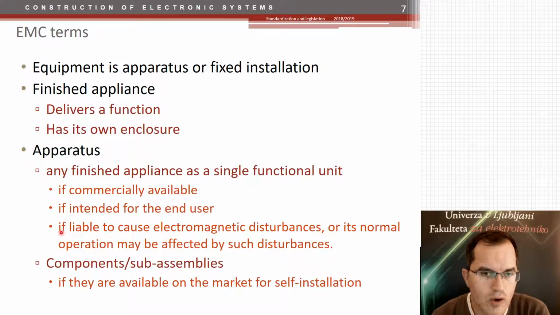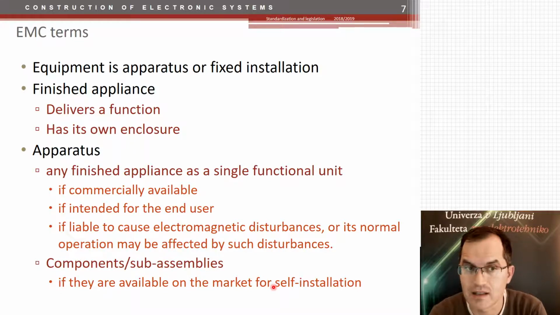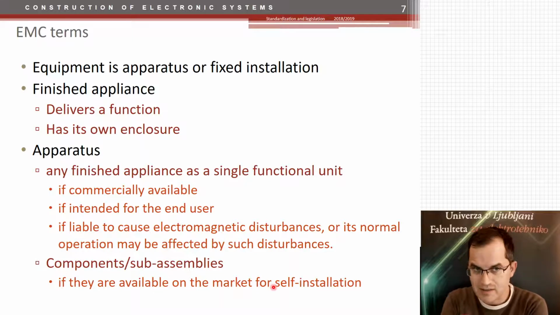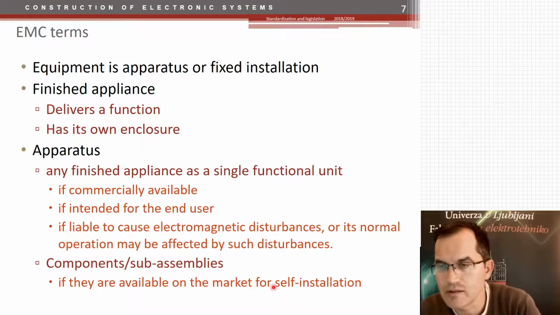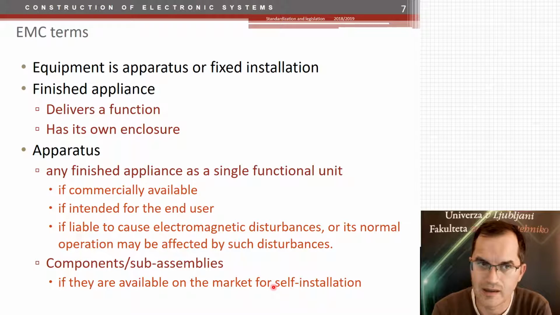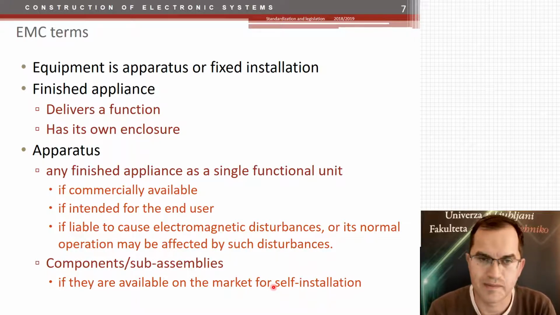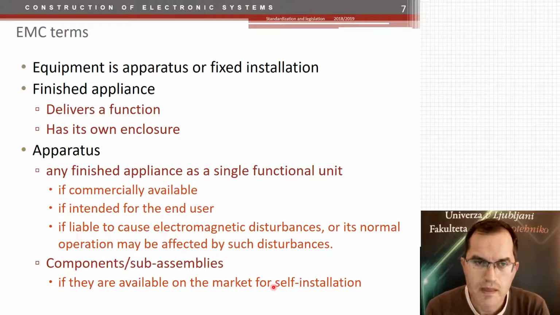Apparatus are also components or sub-assemblies if they are available on the market for self-installation. Now, let me show you a few examples, because this is quite legal text and it's not very easy to understand.